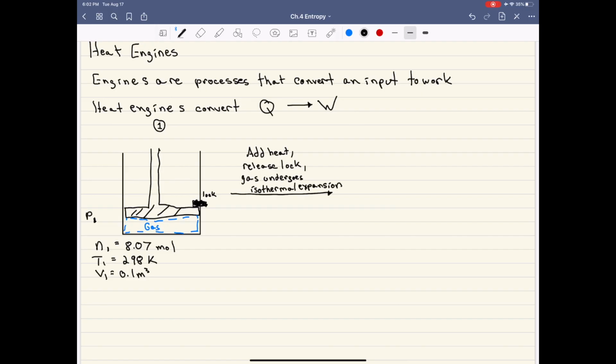And the amount of heat we're going to add in is 10,000 joules. So we add in the heat, and then we release the lock. And by doing that, that causes the system to undergo an isothermal expansion.